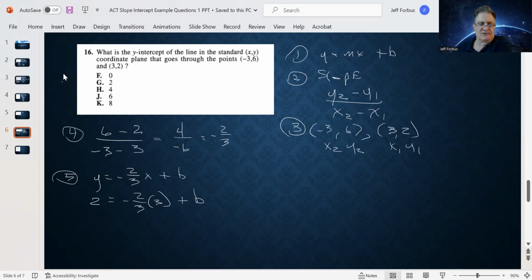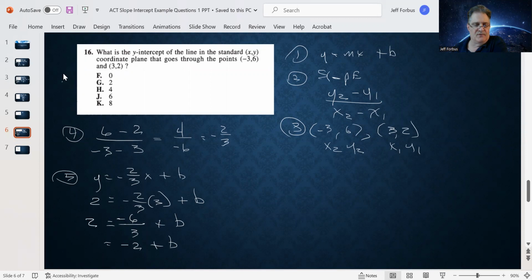So -2/3 times 3 is equal to -6 over 3. Let me put my negative sign right there. So -6 divided by 3 plus our b, right? And so -6 divided by 3 is going to be -2 plus b.